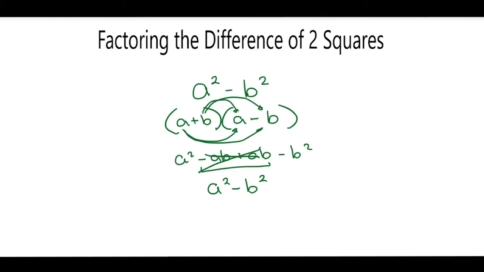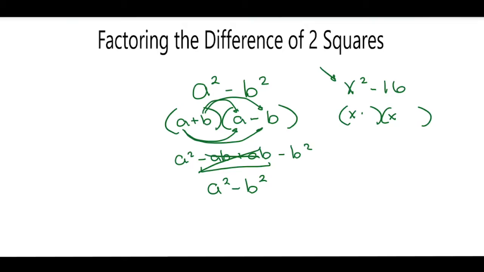Now, what does this look like if I have a situation like this? If I have x squared minus 16, well, I will make my two parentheses, and the thing that is in the place of my a squared is x squared. So then I'm going to put an x in each parenthesis.